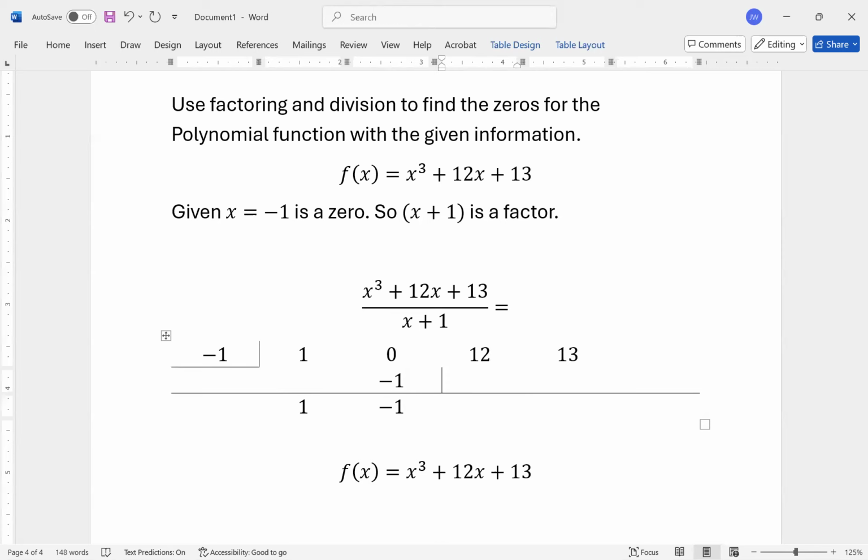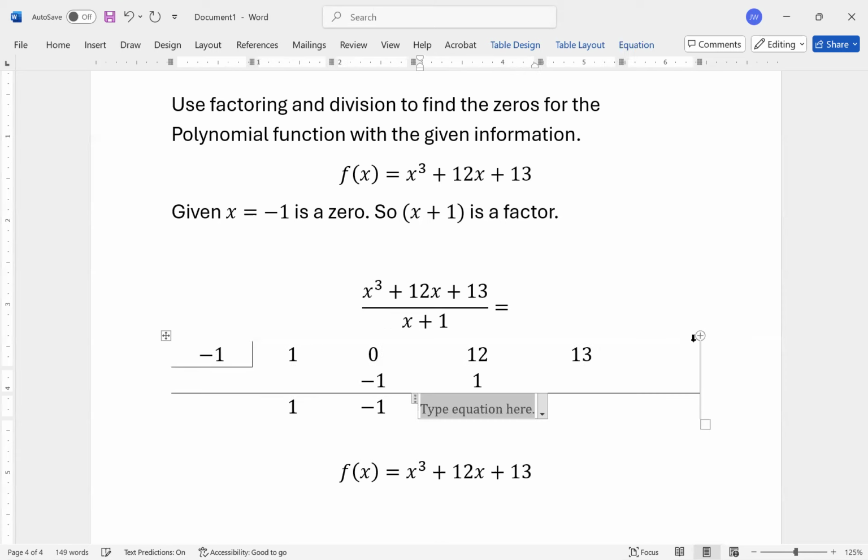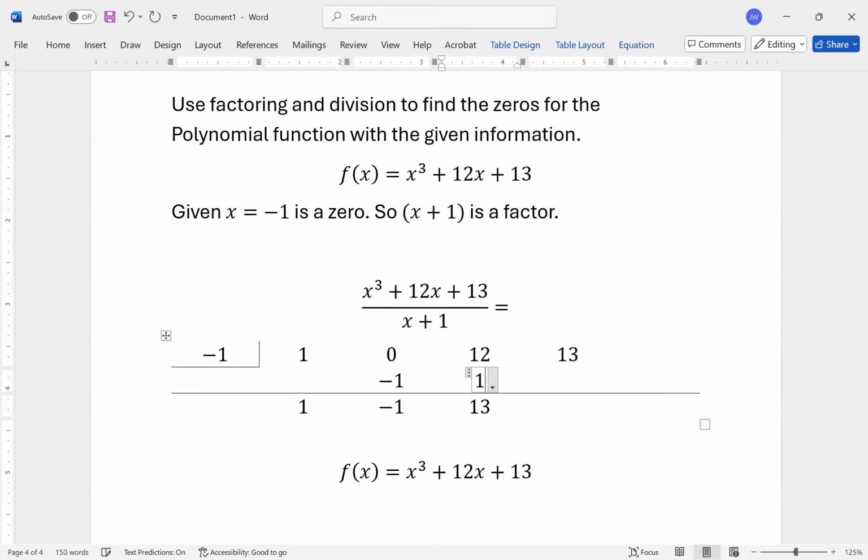-1 times -1 is a positive 1. Add those two up and you get a positive 13. Positive 13 times -1 is -13. Add those up, you get remainder of 0.